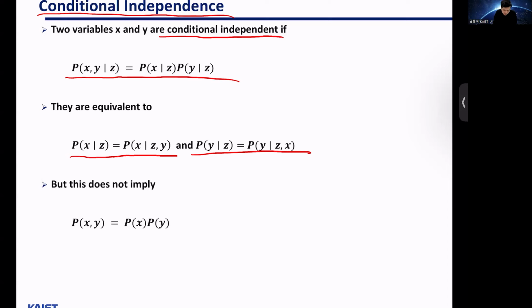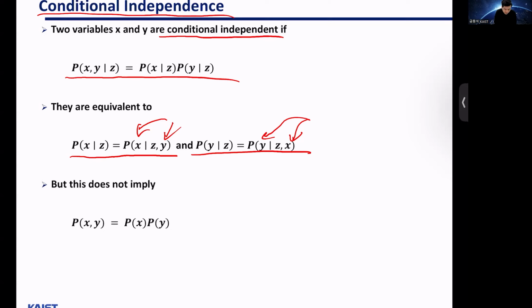So what this means is, you can add y to the condition and it doesn't have impact on x, and the same goes with x as well. You can add x in the condition, and that doesn't have impact on y.